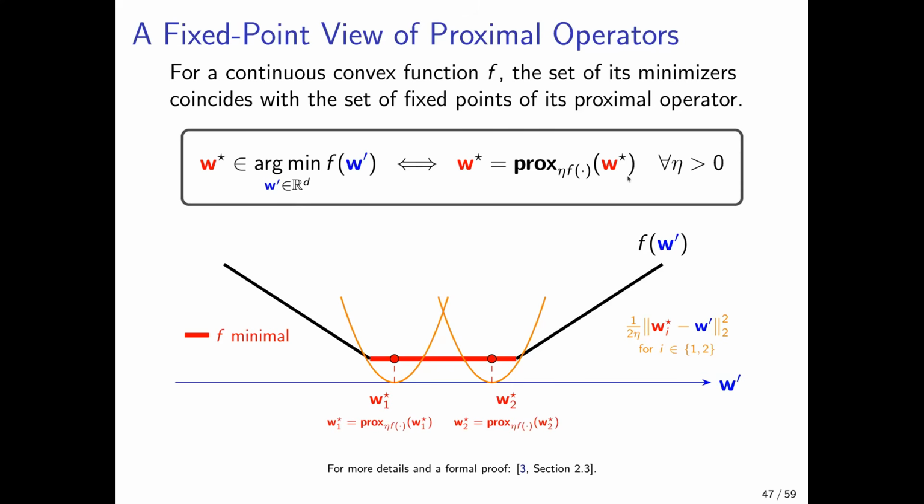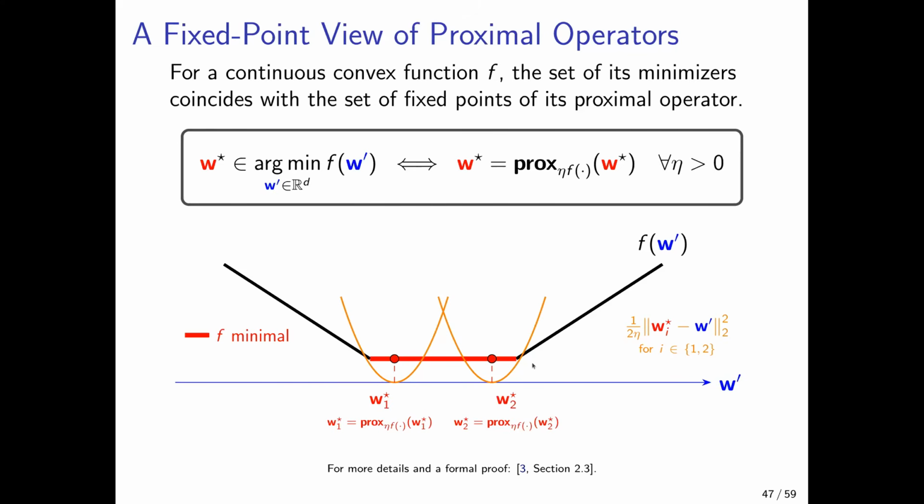It should be pointed out, this doesn't have to be unique. Of course, it can be unique, but for a general convex function f, the minimizer isn't unique. And in this case, the fixed point isn't unique either.